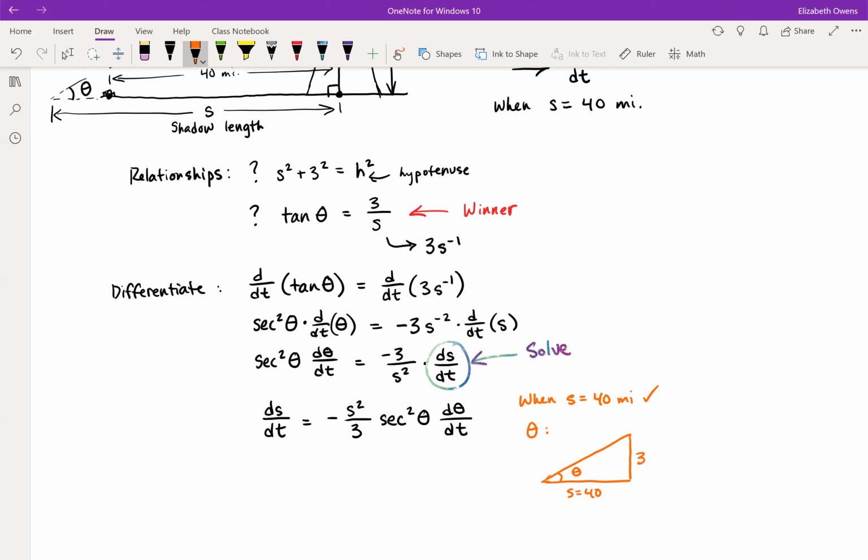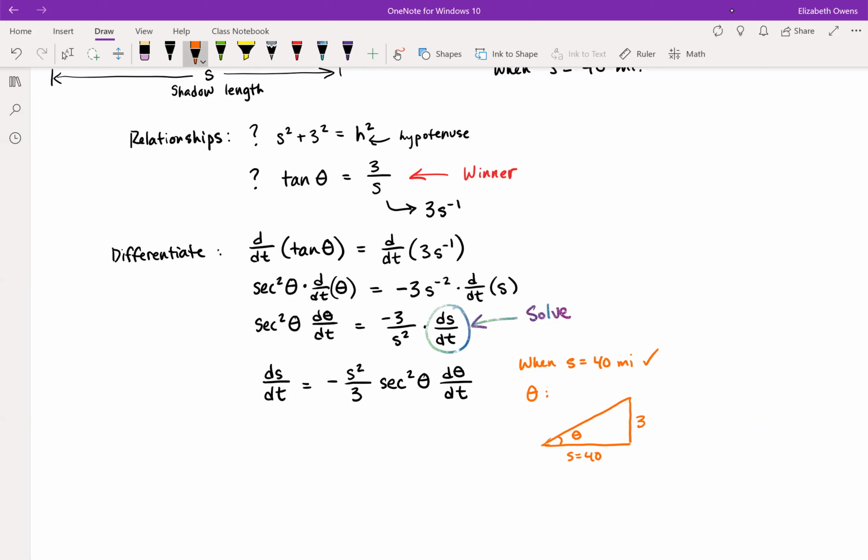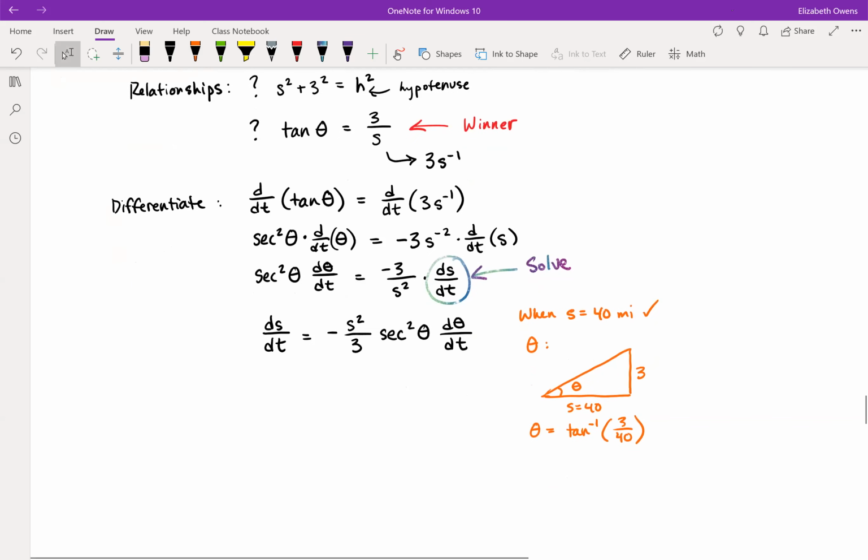So theta, you could say, is the inverse tangent of 3 over 40. And we'll just leave it as that for now. We've got S, that's going to get us theta.